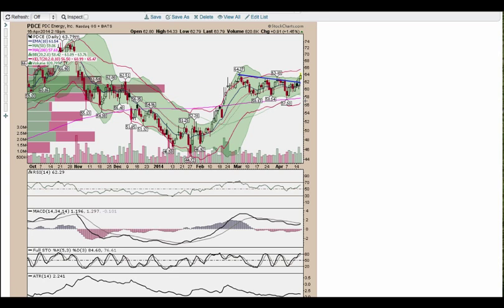Then we filter the scan to look for stocks which closed above $10 per share because we don't really want to trade cheap stocks. We want to have lots of liquidity. As a preference in my scan, I also look for names that are optionable only. What that means is I'm looking for stocks that I can trade options on.